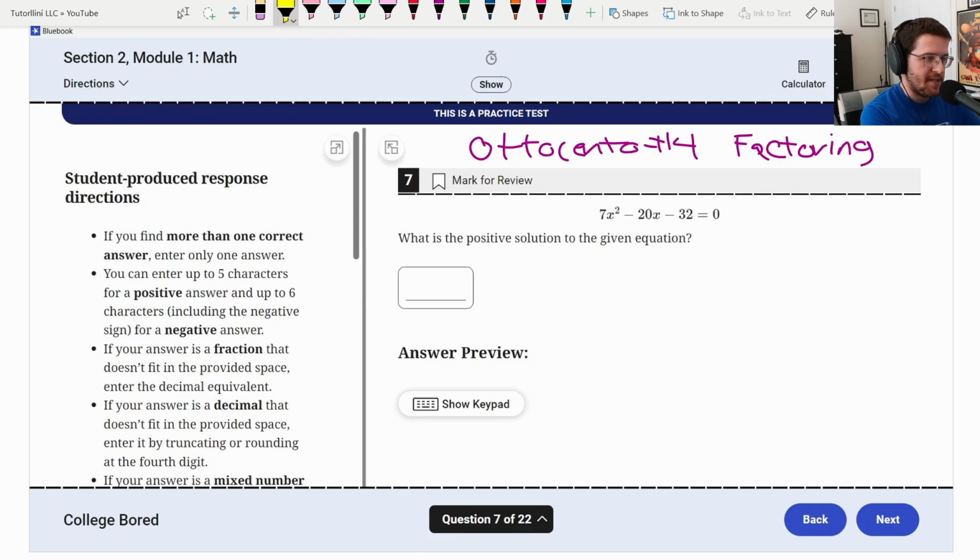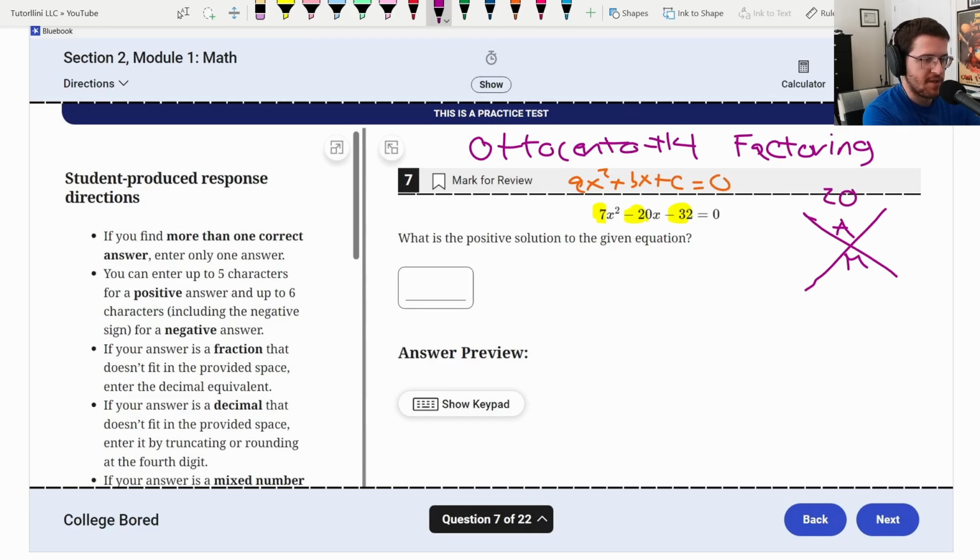So we're going to use the AC method. So I'm going to make a little chart here. They have to add, multiply. They have to add to b, which is negative 20. ax squared plus bx plus c equals 0. They have to add to negative 20.